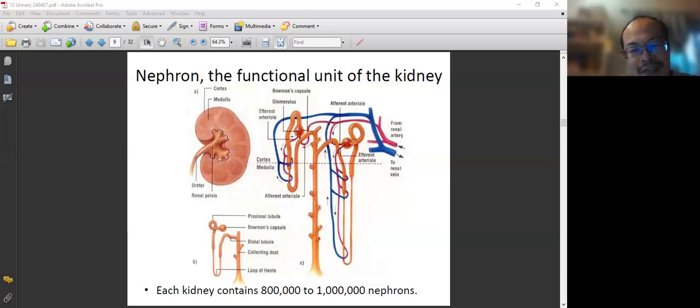You can see another one here. You have the Bowman's capsule, proximal, loop of Henle, and then coming back distal. Distal is nearby the entrance area. So this is the unique part about distal. It's very much like a journey, but this route comes back to nearby the entrance area.